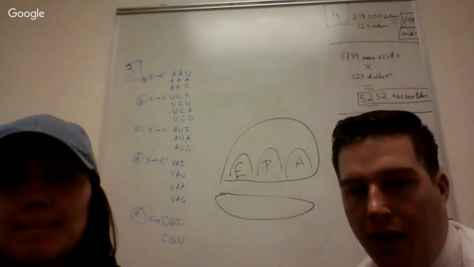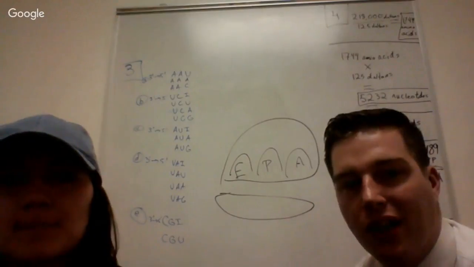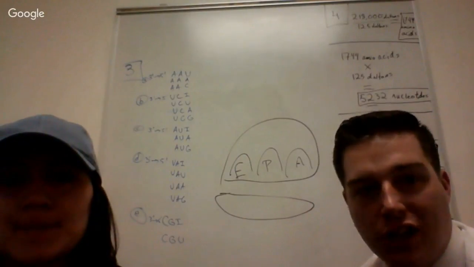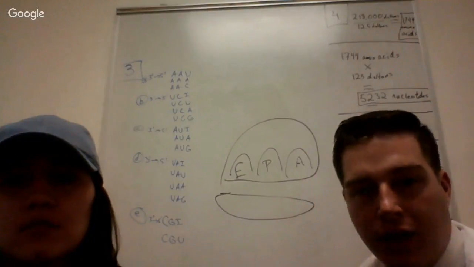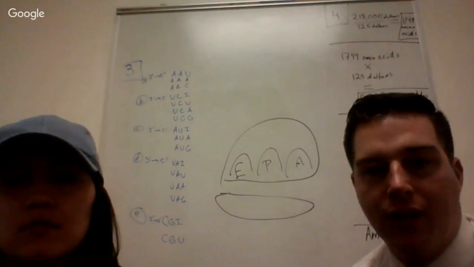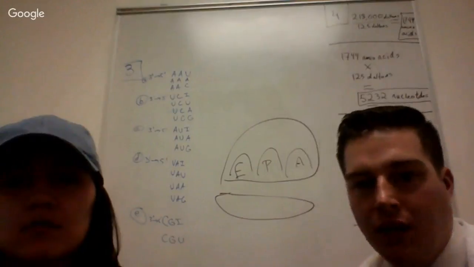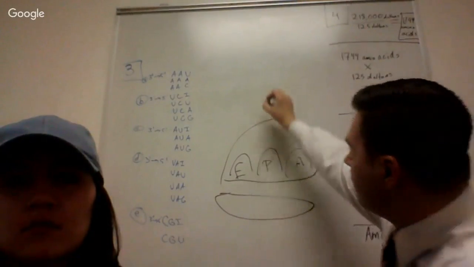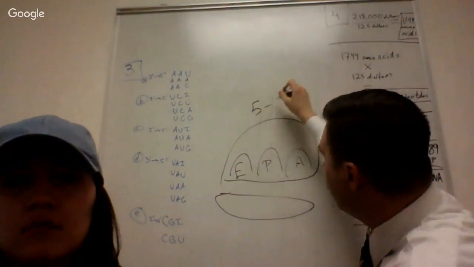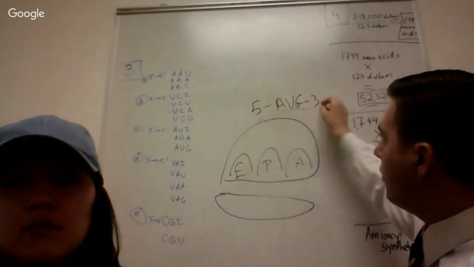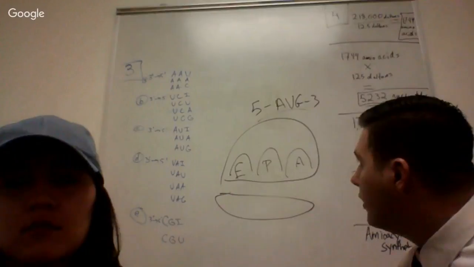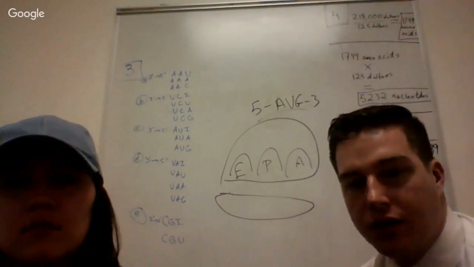And then it asks about some codes for initiation and termination. So the start codon is 5' AUG 3', and this will always be for initiation. It'll always be the start codon.